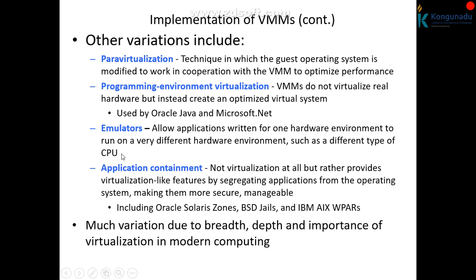Next, application containment is not virtualization at all, but rather provides virtualization-like features by segregating applications from the operating system, making them more manageable. Application containment includes Oracle Solaris Zones, BSD jails, and IBM WPARs.